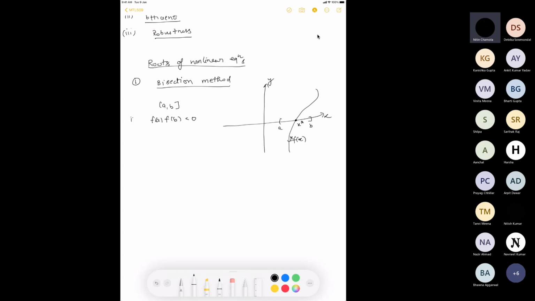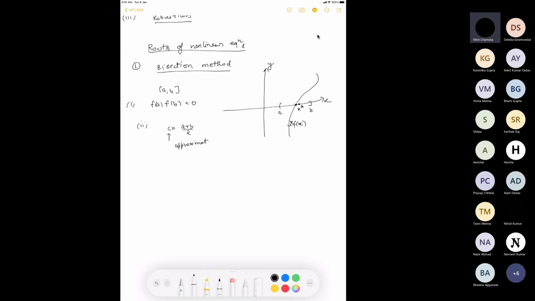Then we find the midpoint c of this interval [a, b], which is going to be the first approximation x1 of this root x star.